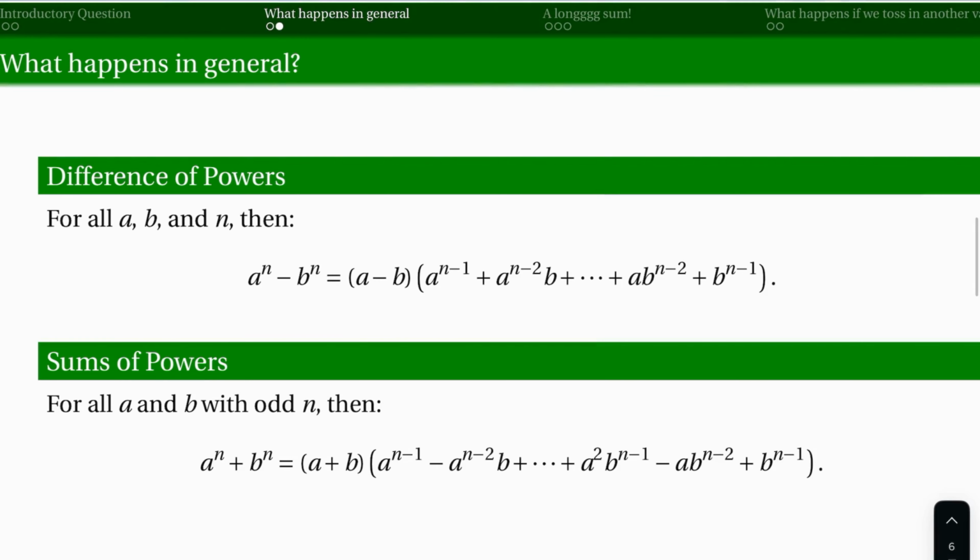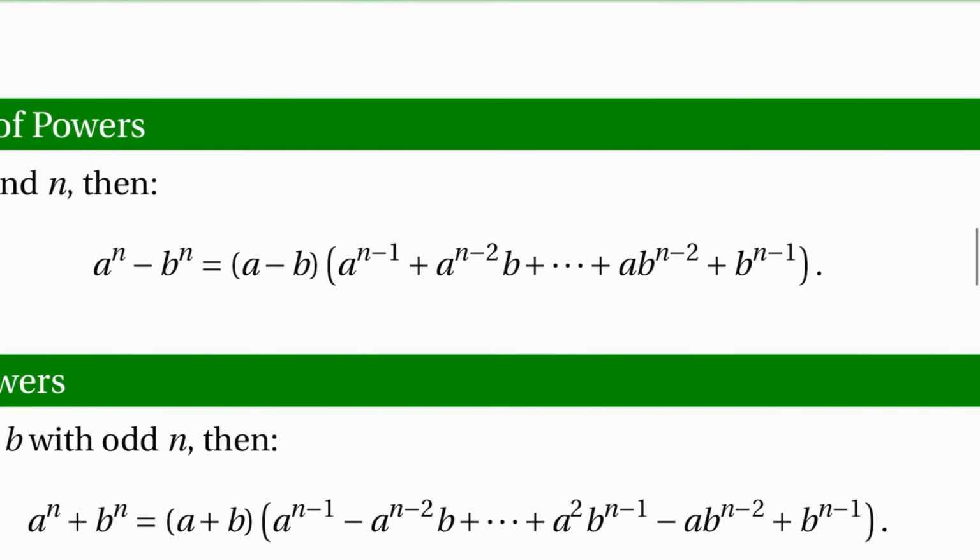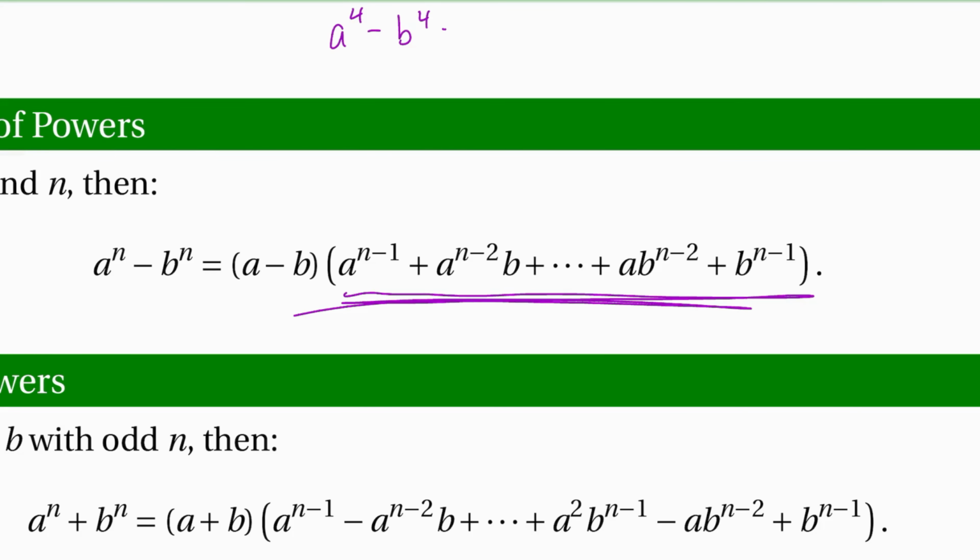For difference of powers, you have a to the n minus b to the n. You can always factor out a minus b. And when you factor out a minus b, you end up getting this very long expression. For example, let's say a to the 4 minus b to the 4, you can always factor out a minus b.